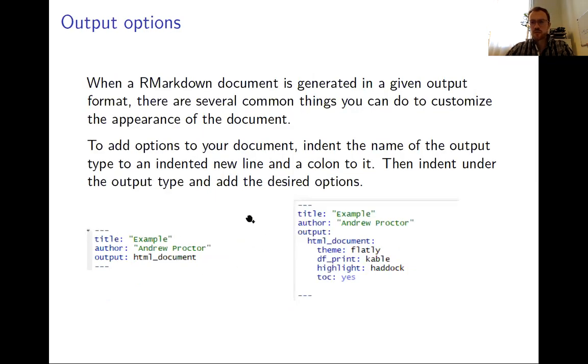You can also, there's a lot of different output options. You can, for example, change the theme. So, for example, this LaTeX Beamer presentation has a certain theme, and there's a lot of other color themes available. You can specify how data frames should be printed, how code should be highlighted, or whether or not, for example, there should be a table of contents.